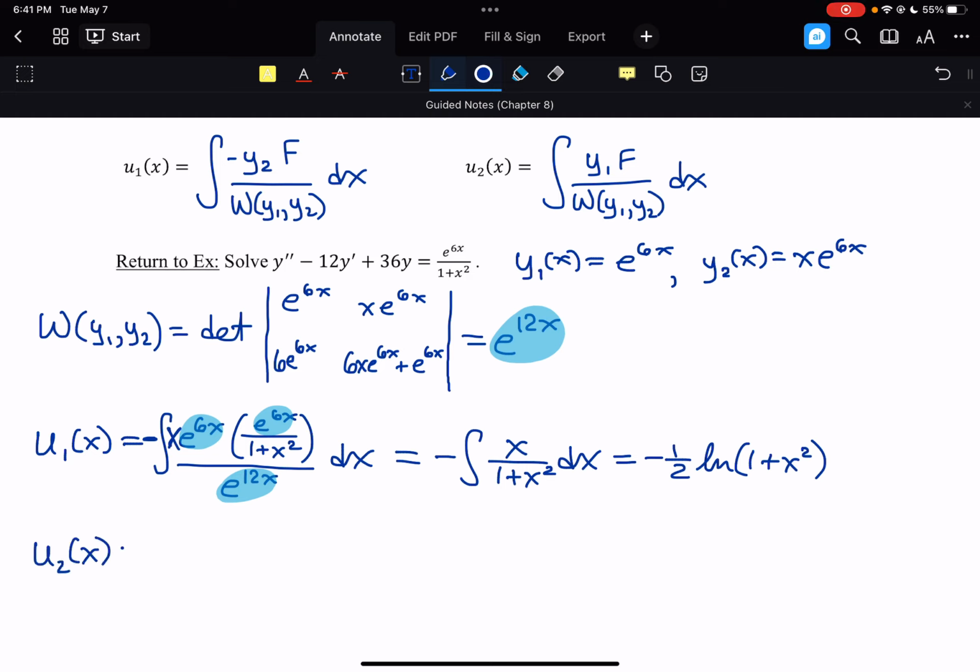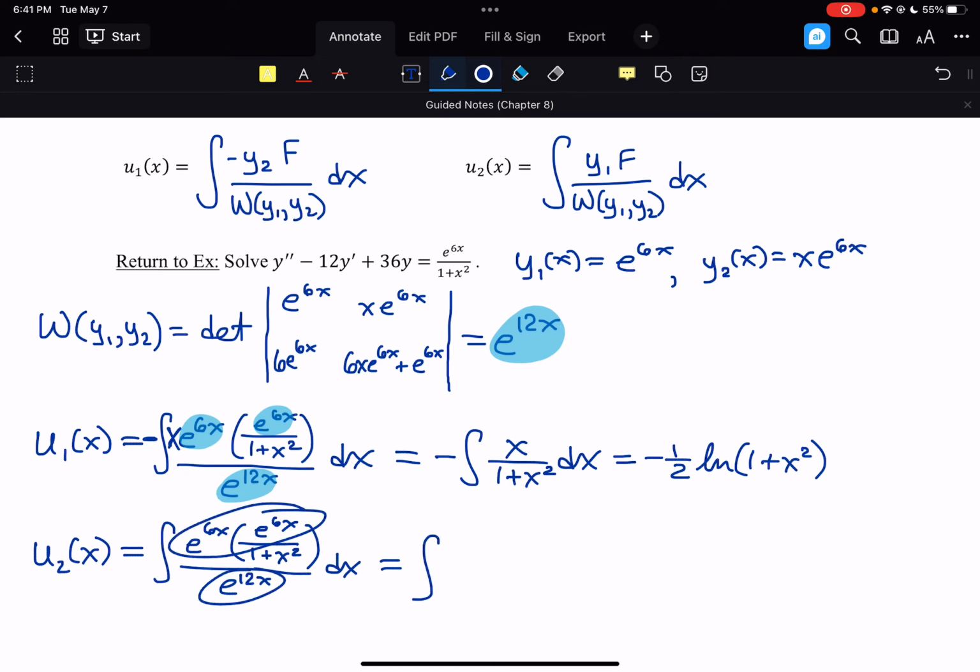u2 of x. So this one will be y1. So that'll be e to the 6x times f. So that's e to the 6x over 1 plus x squared over e to the 12x again, the Wronskian. So that is, again, e to the 12x over e to the 12x. This time there is no x there because we're using y1 this time.